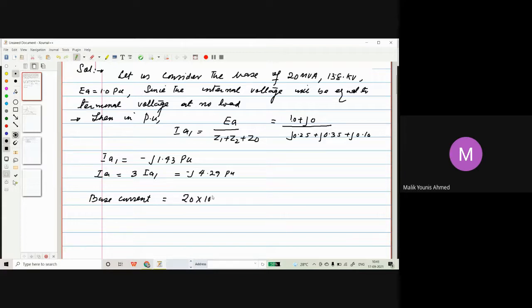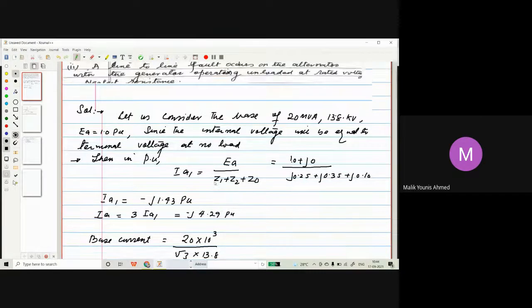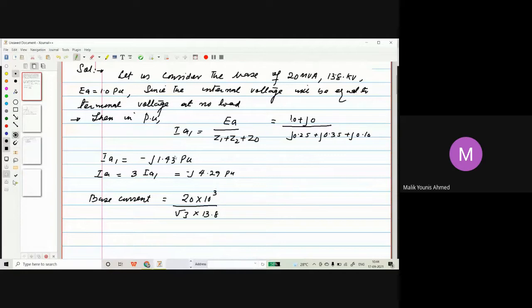This is base current, MVA divided by root 3 into 13.8 kV. So 20 into 10 to the power of 6, divided by root 3 into 13.8 into 10 to the power of 3. Sorry, this should be 20 MVA, so 10 raised to power 6. That's a mistake.